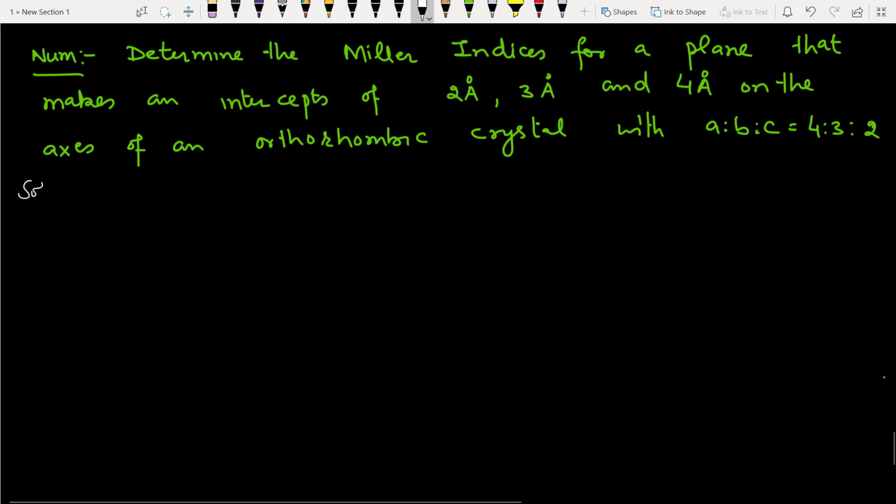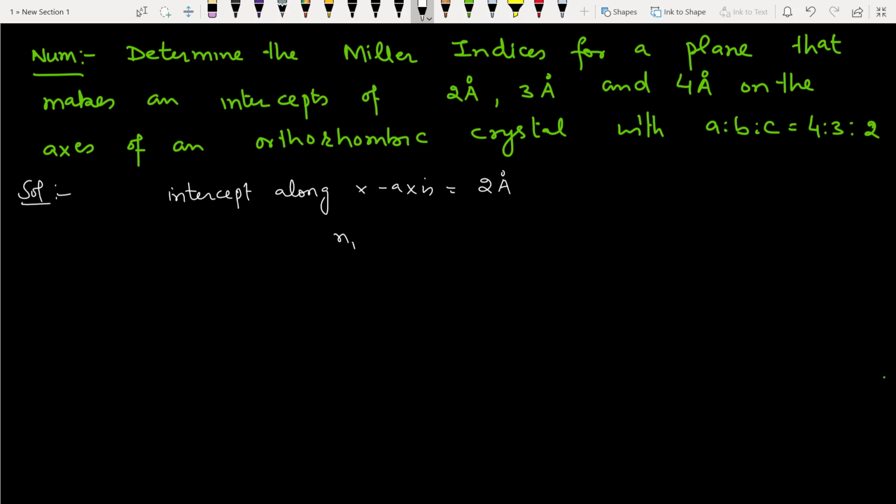Solution. So as intercept is 2 angstrom along the x-axis, we can write it as n1 into A, 2 angstrom.